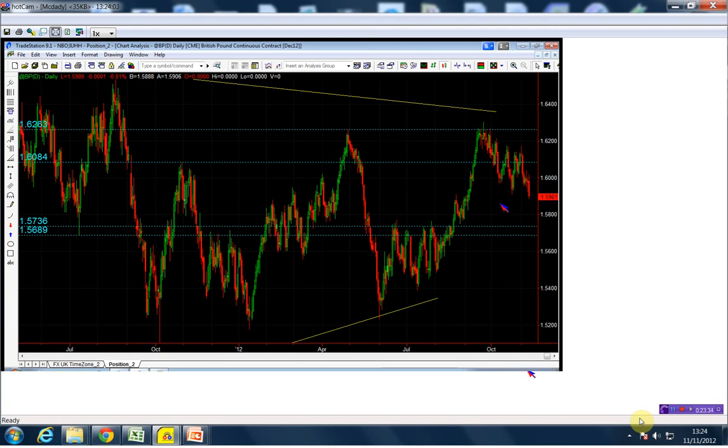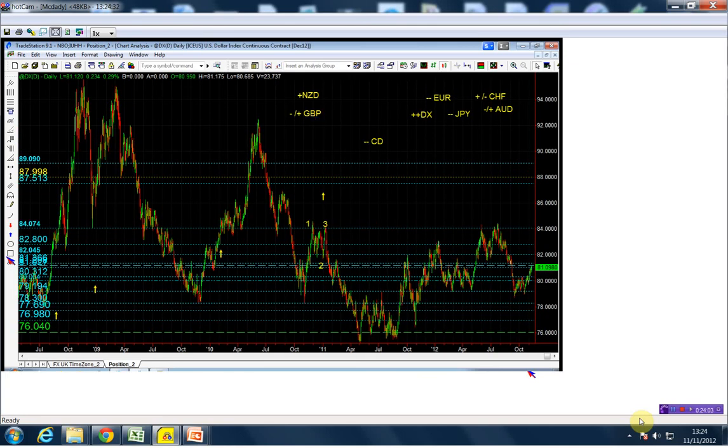We can construe that as a big sell signal for the pound, and we should be looking at selling the pound. So the pound is on a sell for us. Okay, so the pound is a sell.